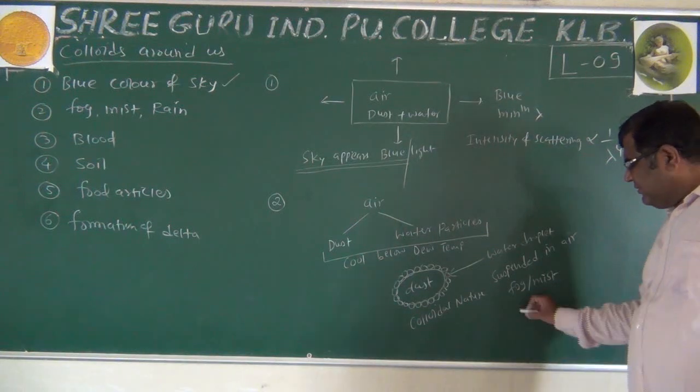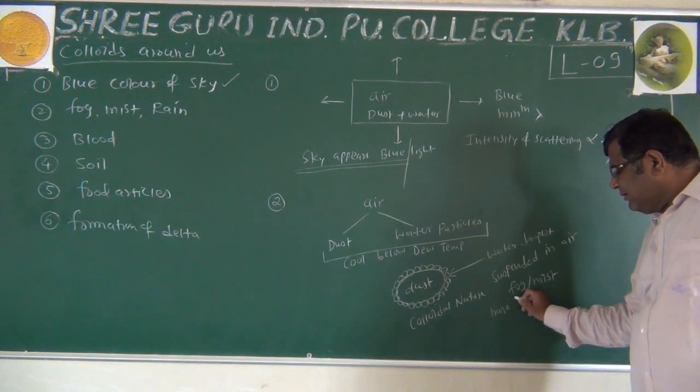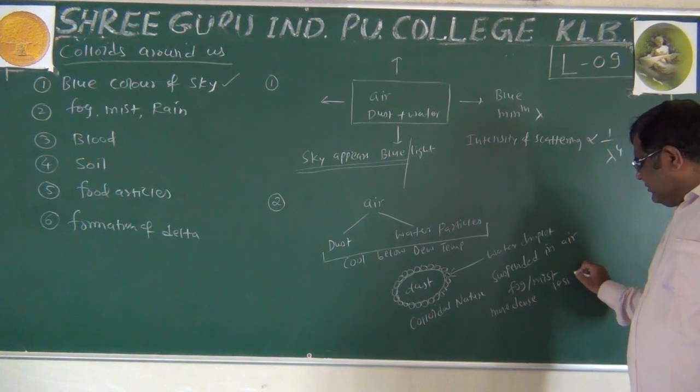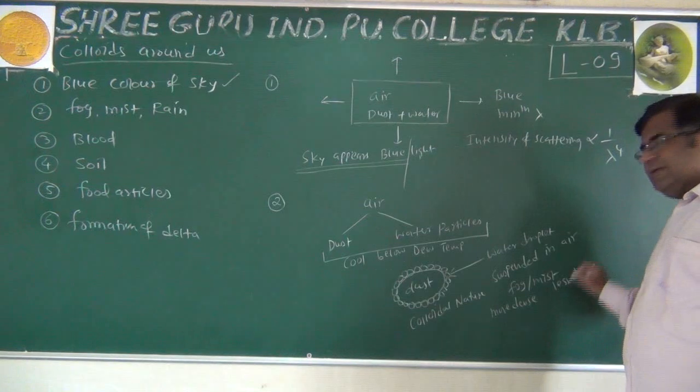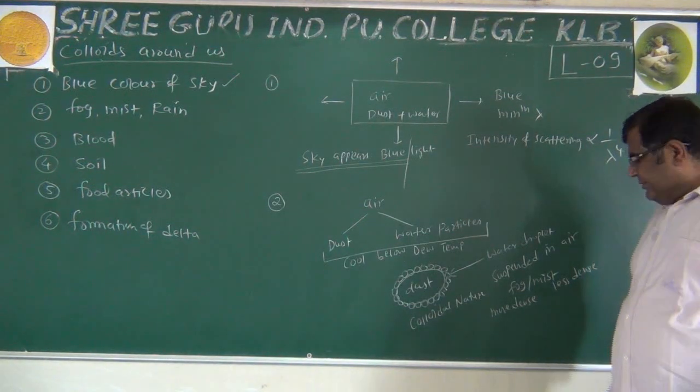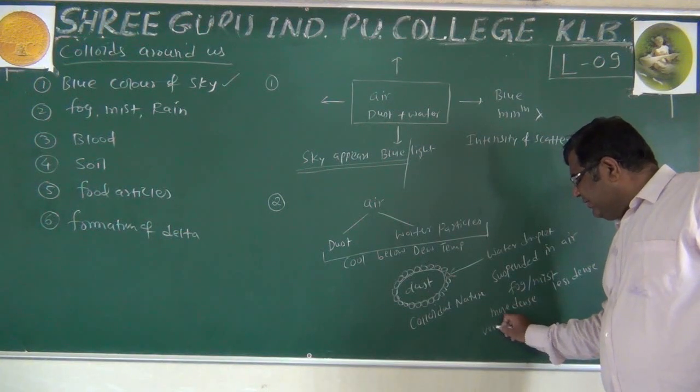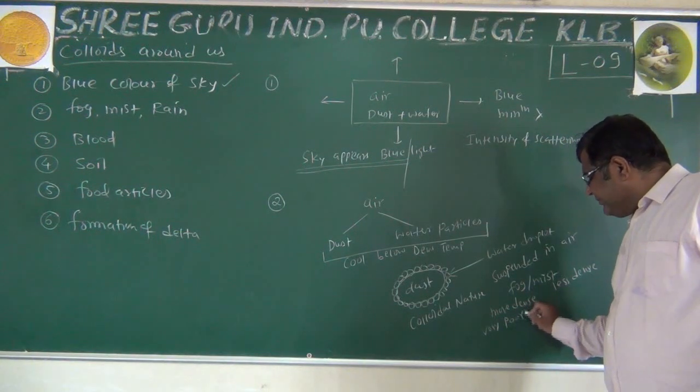What is the difference? Fog is more dense and mist is less dense. This is the first difference. Another difference is that fog has very poor visibility.